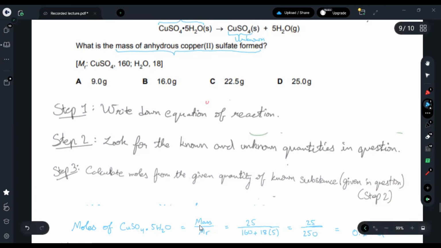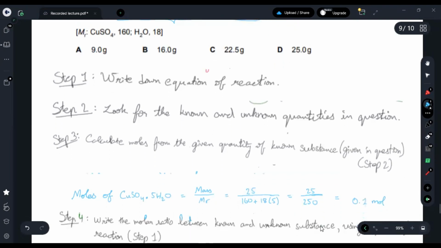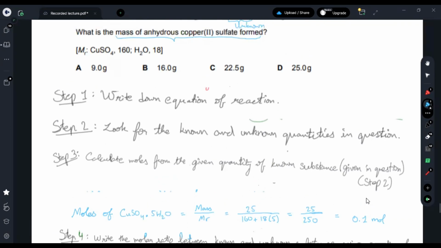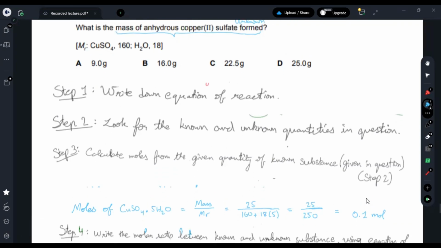That is, moles of copper sulfate equals mass over Mr. We have to find the Mr. The Mr is given over here of CuSO4 and 5H2O. So it's 160 plus 5 times the Mr of water. So we have multiplied 18 by 5. Simplifying it and writing down the final answer, that is 0.1 moles of hydrated copper sulfate is being used in this question.